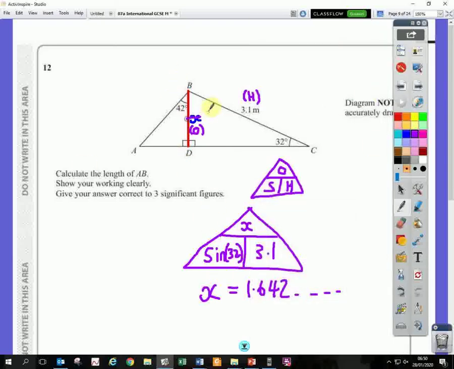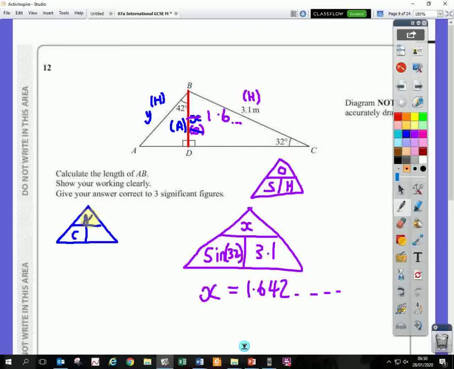You must not use the rounded value. You have to use the entire calculator display. And I'm trying to work out the length of AB now. I'll call this Y. We use a different letter to this one. This is also the hypotenuse. The side 1.642, which I also have to use now, is the adjacent. It's adjacent to 42. So now I need to use the one with A and H in, and that's cos, CAH, from SOHCAHTOA.